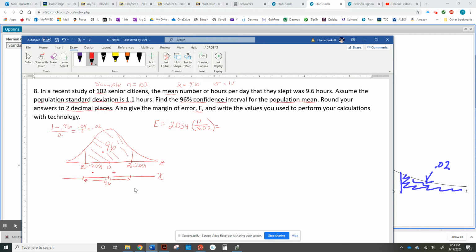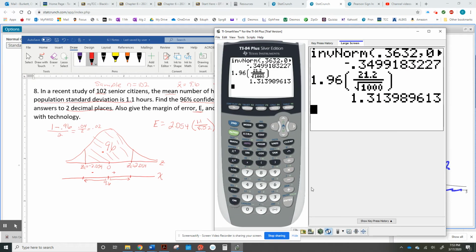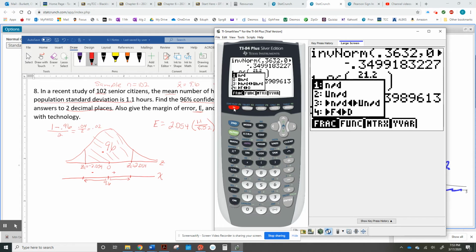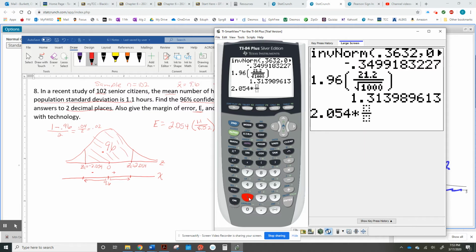Okay, so do this calculation, and I'm going to pull up 2.054 times, fraction bar, 1.1 over the square root of 102.